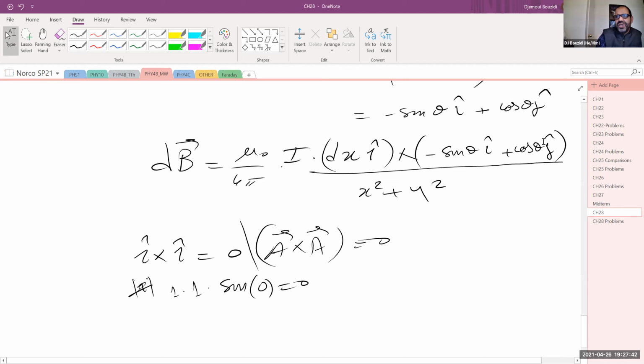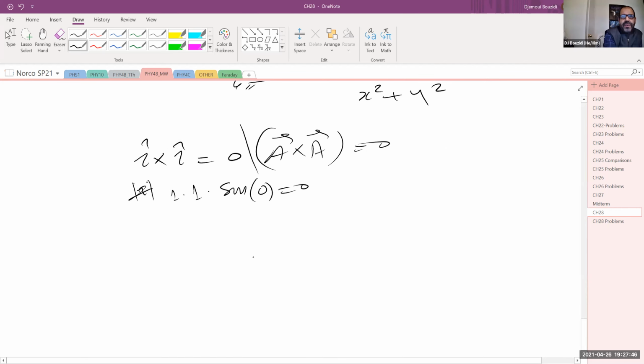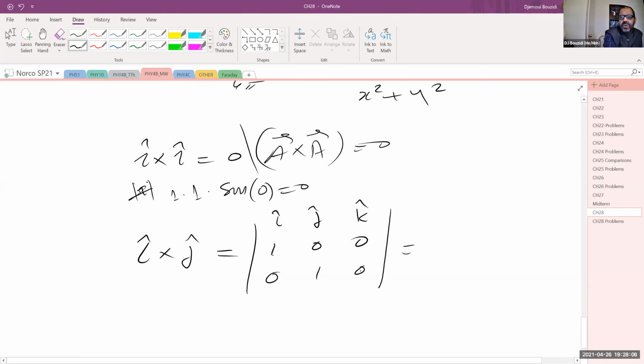It's i hat crossed with j hat, that should be k hat. Okay, and you can do the stuff from here. Again, if you didn't do this before in the past, this is just a quick refresher. So this vector can be found with the determinant method. The first vector has 1, 0, 0. The second vector is 0, 1, 0. And if you do the product for i hat, it's going to be 0 times 0 minus 0 times 1, which is 0.